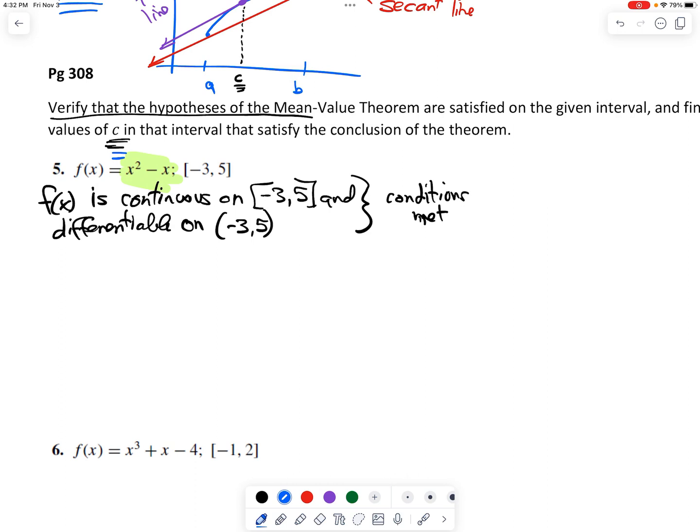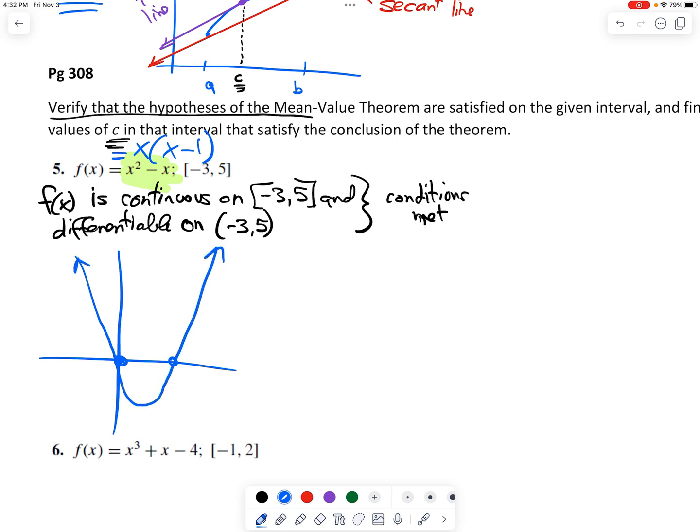Let's see, x squared minus x, that I can factor out an x, and that's x times x minus 1. So I know that polynomial, it's a quadratic, and it's going to go through 0 and 1, and it's going to behave something like this, roughly. And we're looking from -3 to 5.